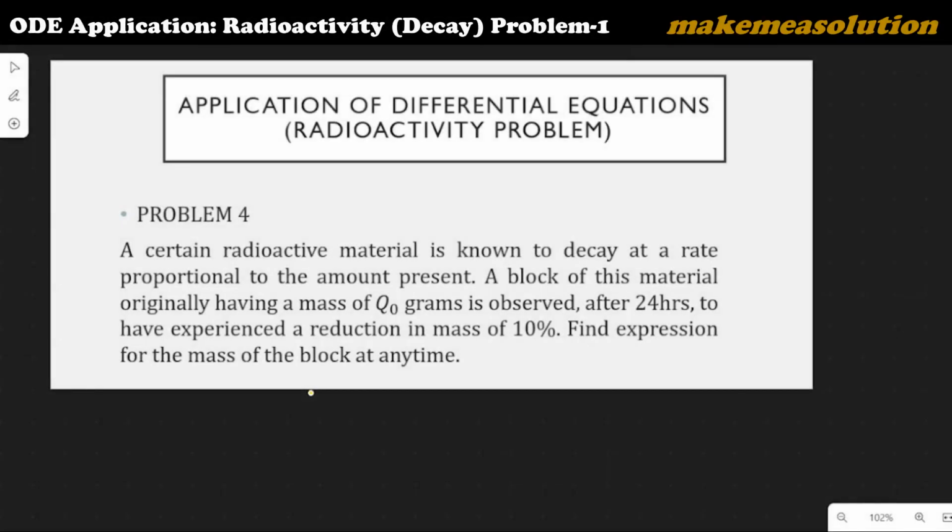In problem 4 we are looking at a radioactivity problem, and it goes this way. A certain radioactive material is known to decay at a rate proportional to the amount present.